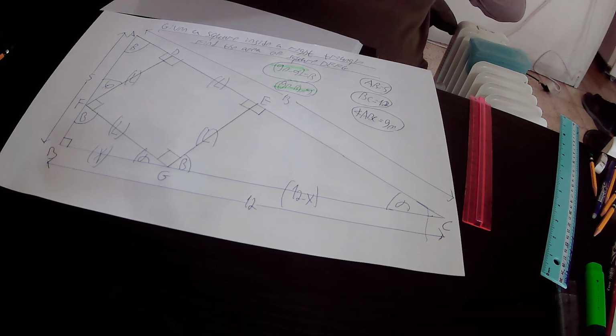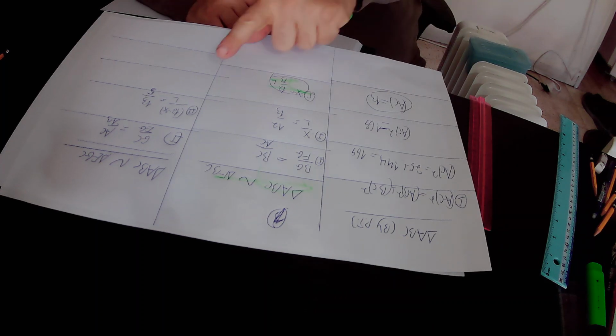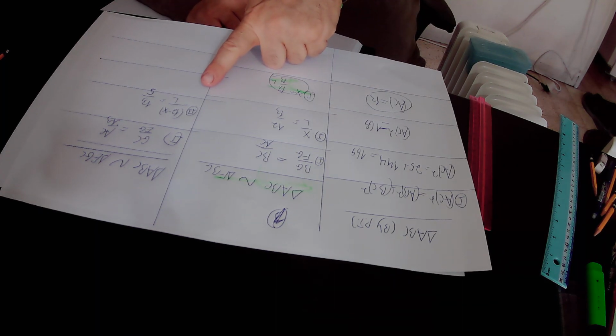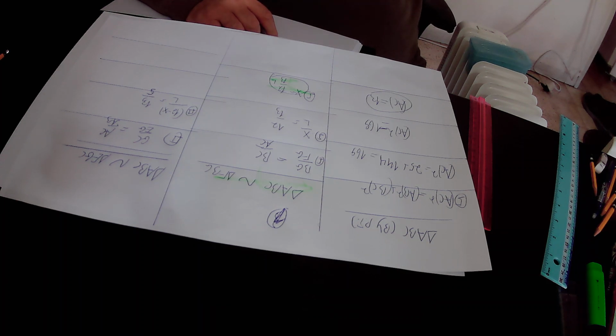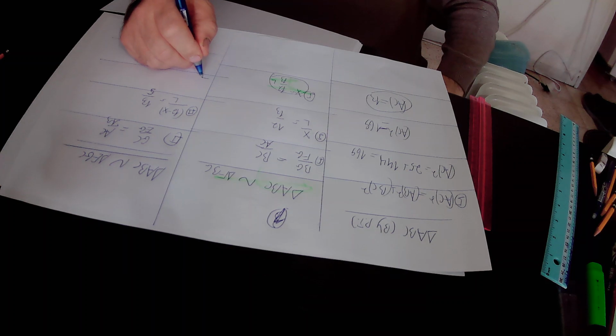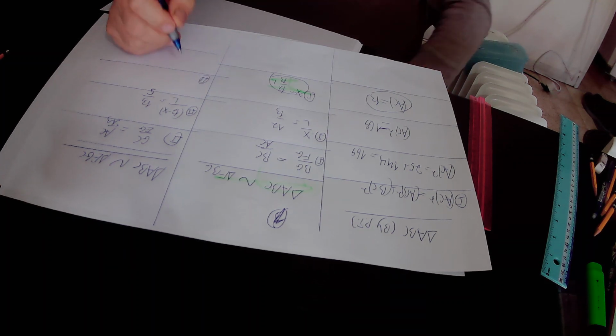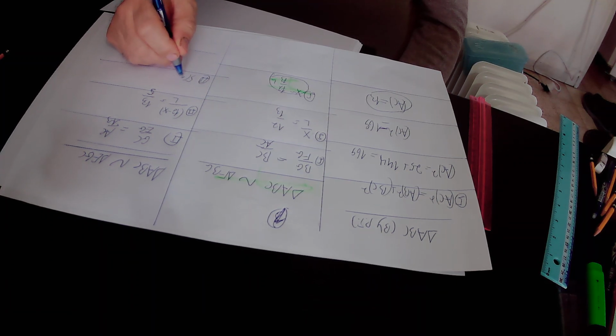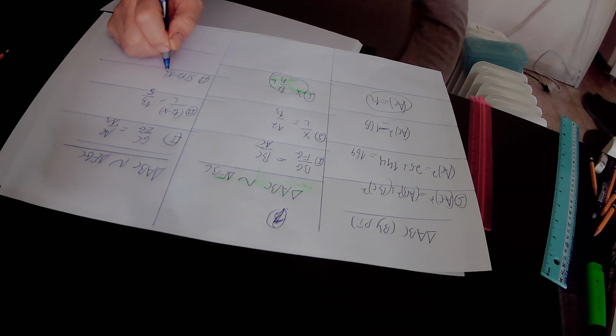In conclusion, we found out that according to equation 2, 12 minus x over L equals 13 over 5. Here we cross multiply equation 2, and we get 5 times 12 minus x equals 13L.